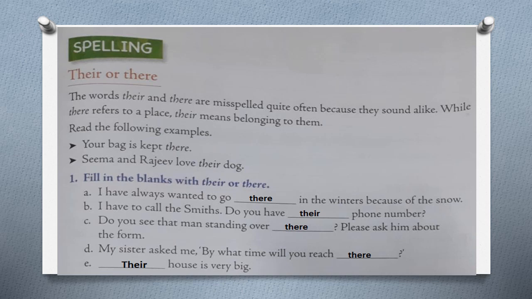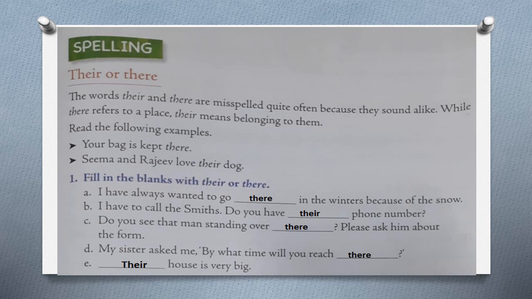Children, let's see A part. I have always wanted to go T-H-E-R-E there in the winter because of the snow. So children, here T-H-E-R-E there denotes a place. So I have always wanted to go there in the winter because of the snow.